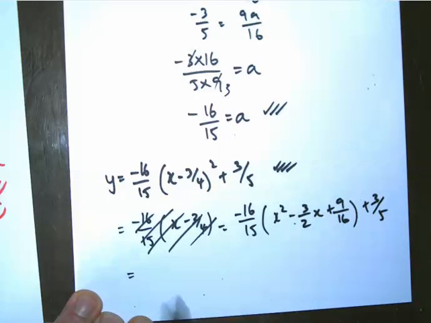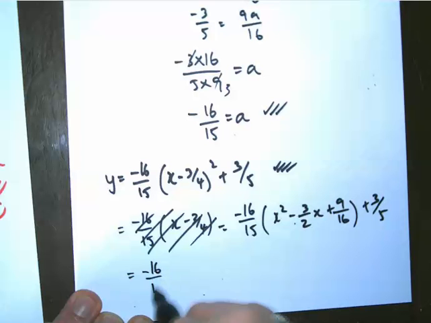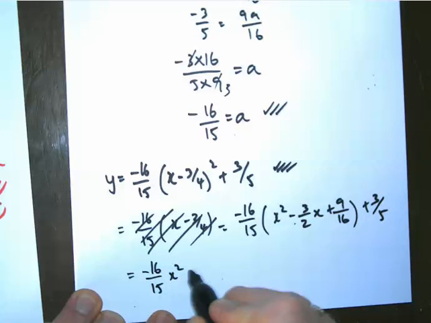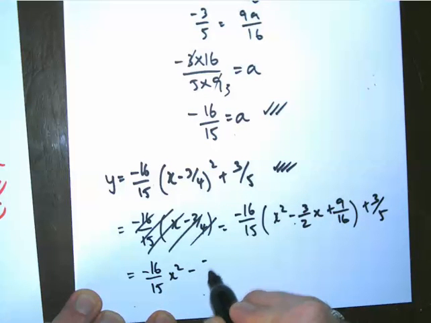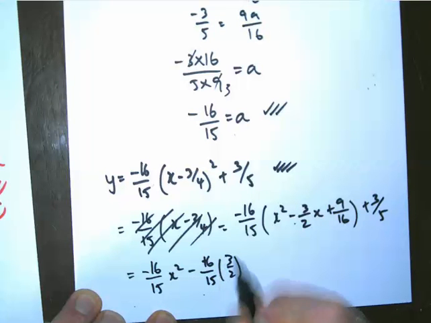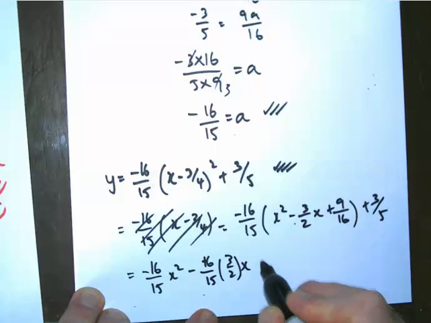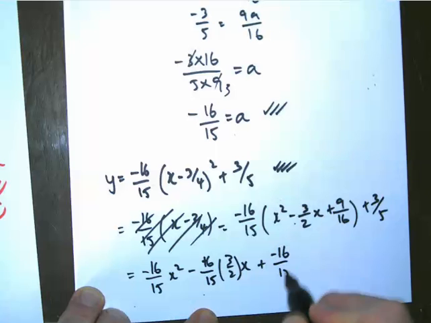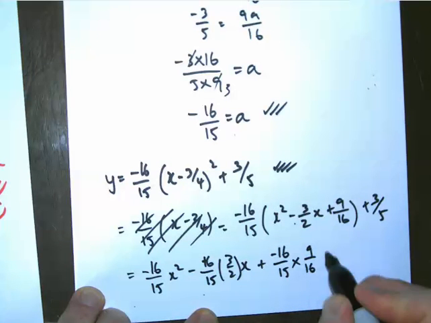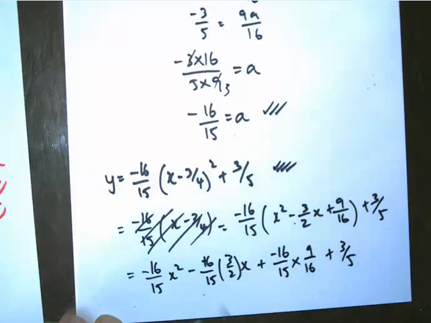It's going to equal minus 16 on 15 x squared minus 16 on 15 times 3 on 2x plus minus 16 on 15 times 9 on 16 plus 3 on 5.